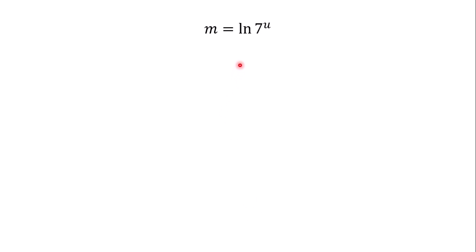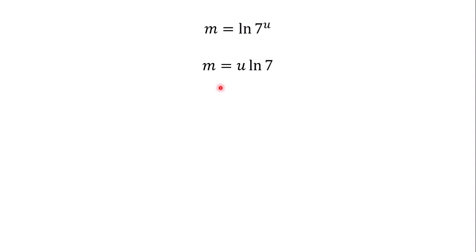Here, from one of the laws of logarithm, which says that log a raised to the power b can be written as b log a, applying that law here, ln 7 to the power u can be written as u ln 7. So this one is going to give us m is equal to u ln 7.